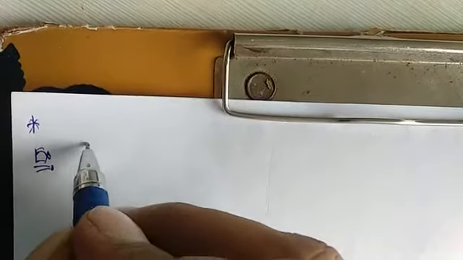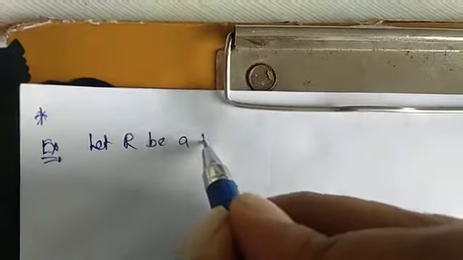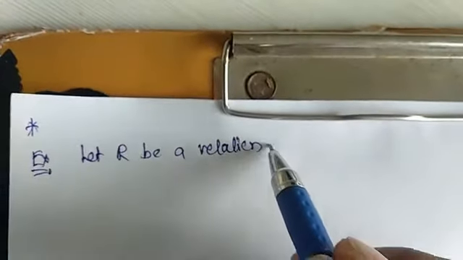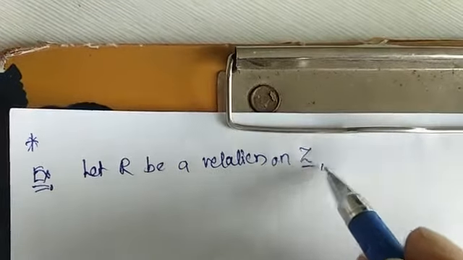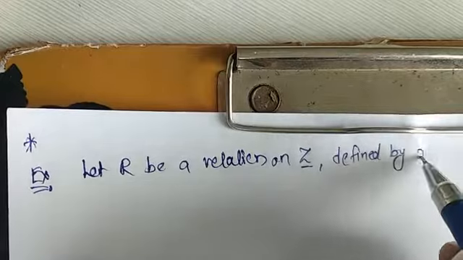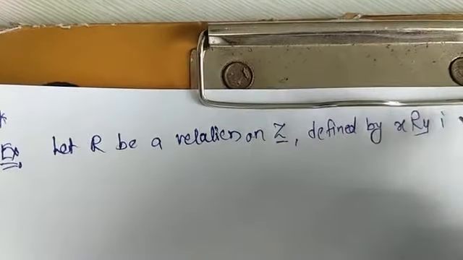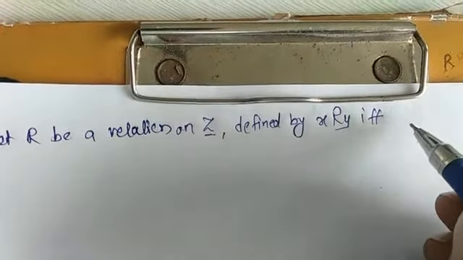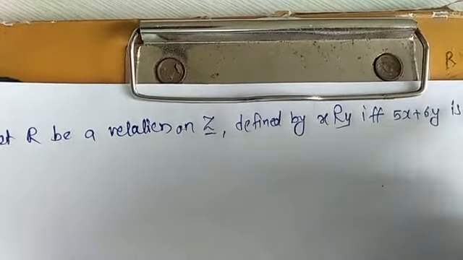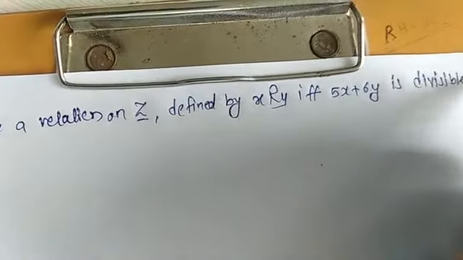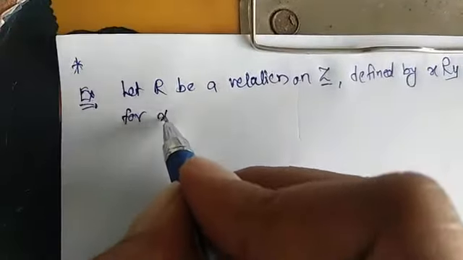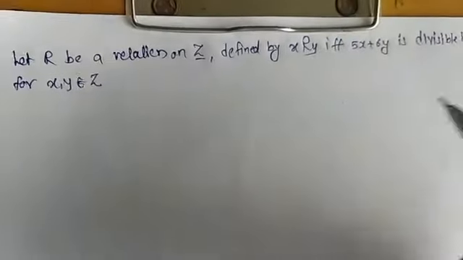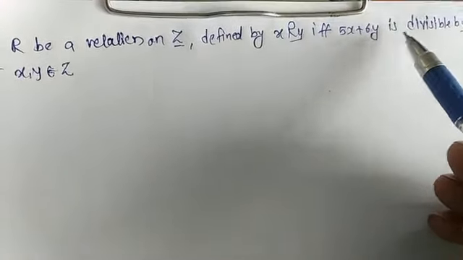In that, consider the first example. Let R be a relation on Z, which is the set of integers, defined by x is related to y if and only if 5x plus 6y is divisible by 11, for x, y belonging to Z. Here in the question it is given that x is related to y only when 5x plus 6y is divisible by 11.